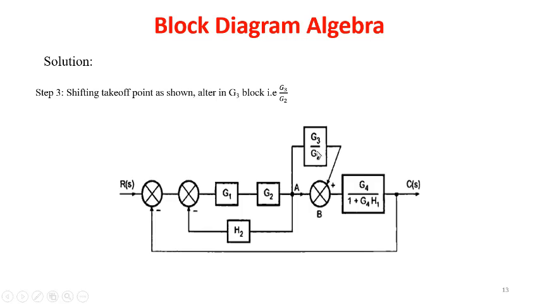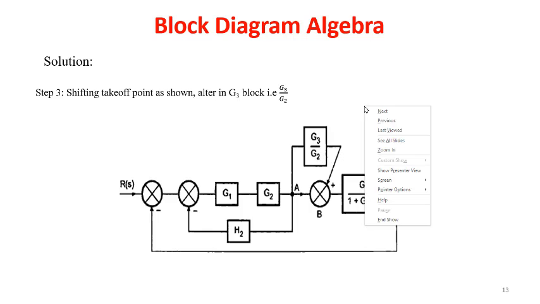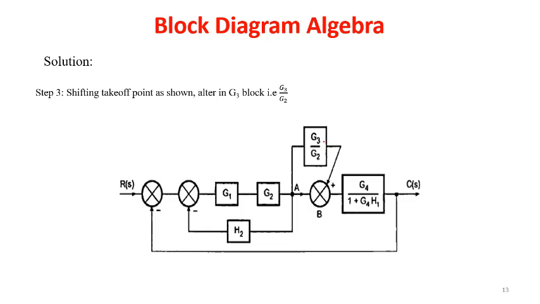It has changed into G3 divided by G2. This is a forward block. Now here we can identify that we got one series elements. These are the series elements.